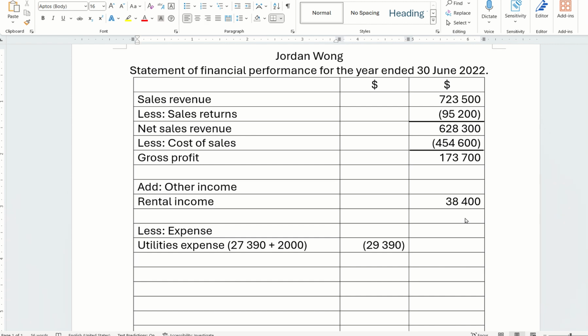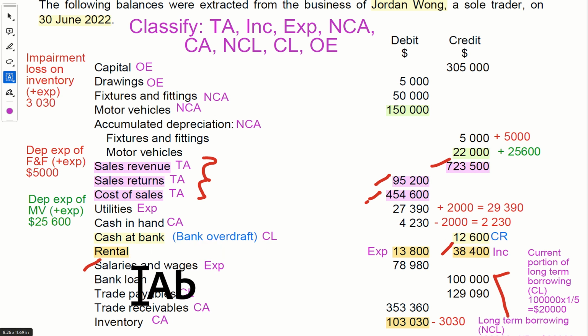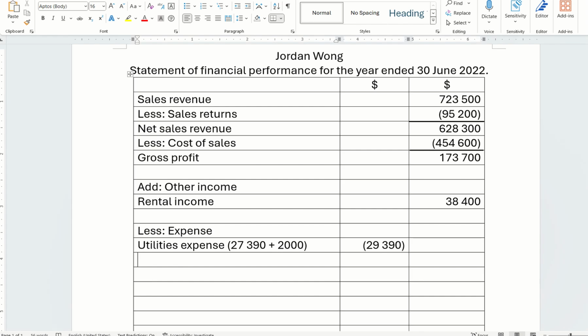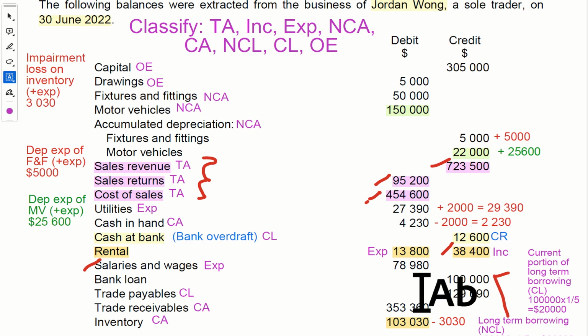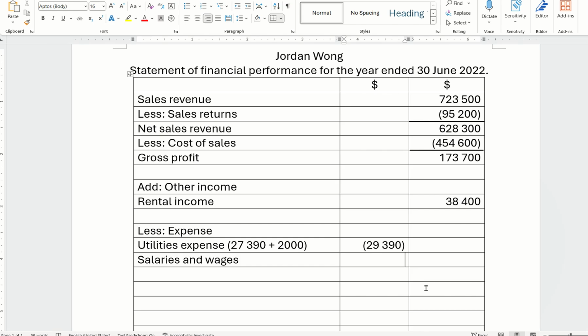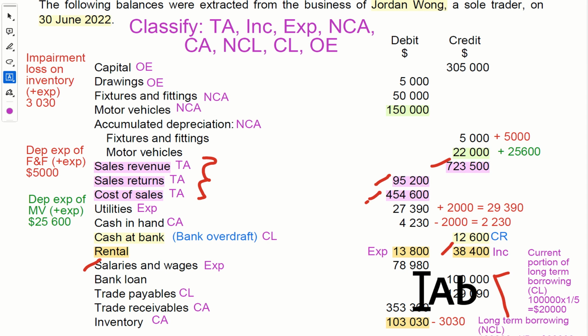The next expense I have is salaries expense. So I'm going to write that in. And for that, salaries and wages, 78,980 in brackets. Any more expenses? Actually, there is, don't forget. So I'm going to tick off the numbers.